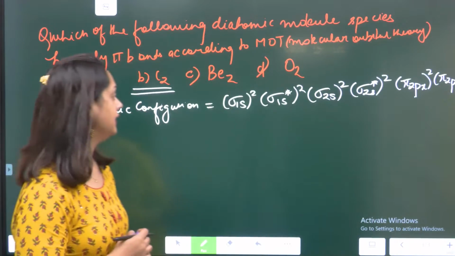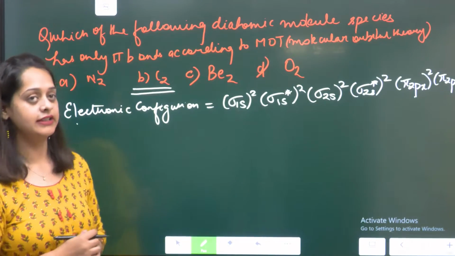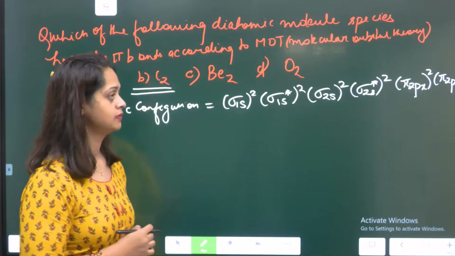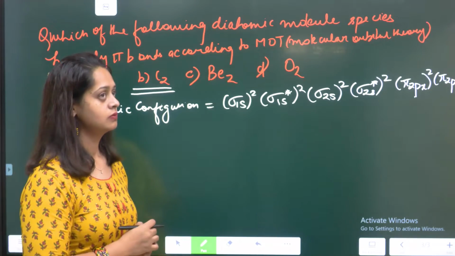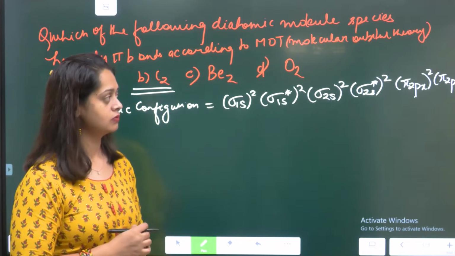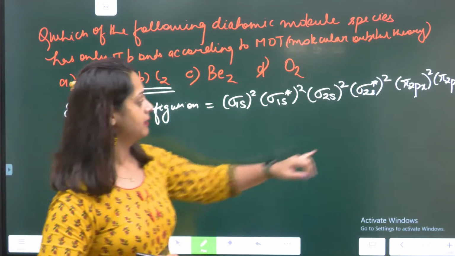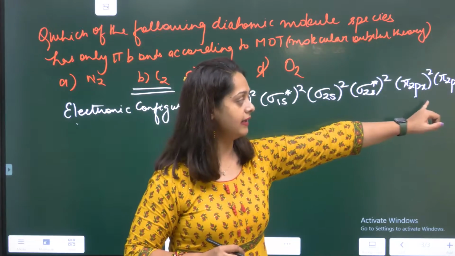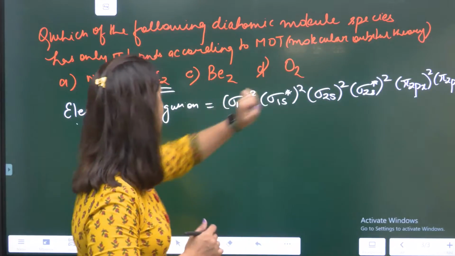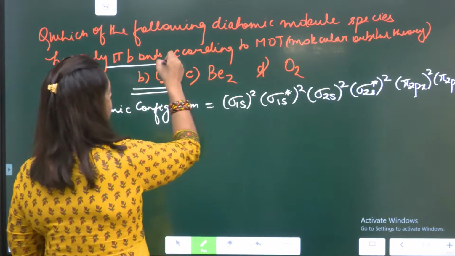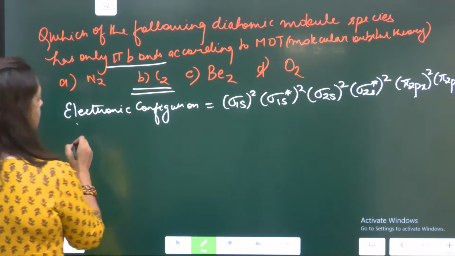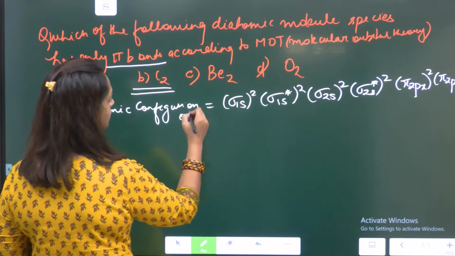Are you all agreeing with this electronic configuration? Yes, ma'am. So, as I can see, only pi orbitals are present. That is what has been asked. Only pi bonds. What will be the electronic configuration of O2?